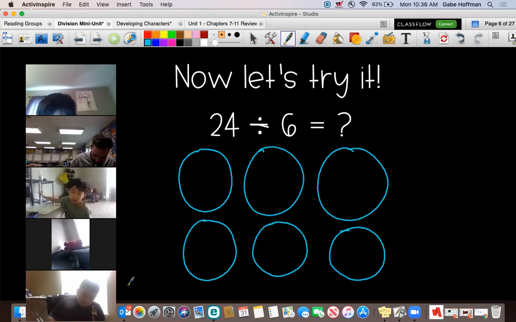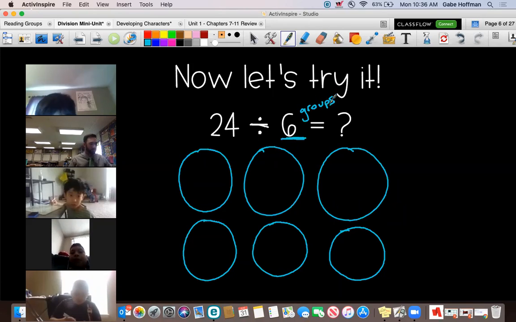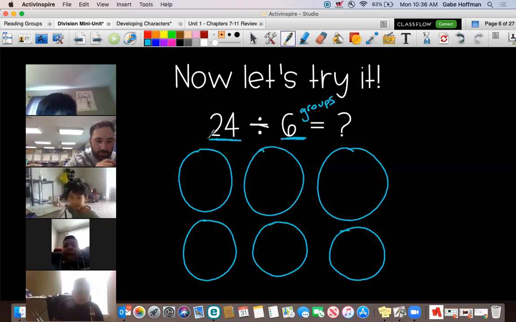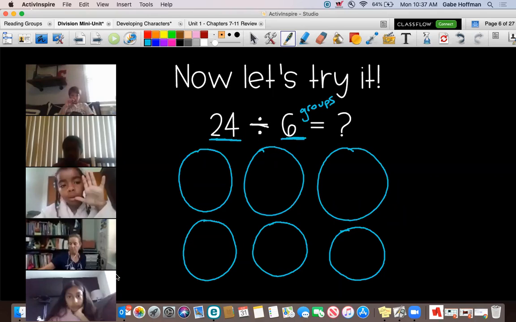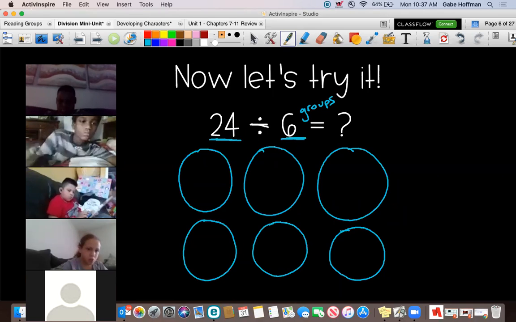So that's where my 6 is coming from. I made 6 groups. What am I gonna do next? The only other number I have is 24. What am I gonna do with this 24? Someone raise their hand and tell me. Ania, what am I gonna do with this 24?